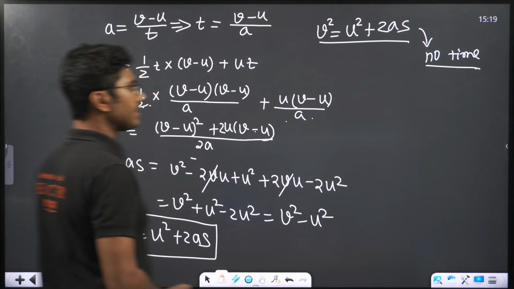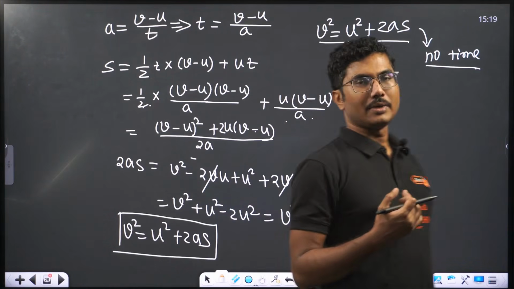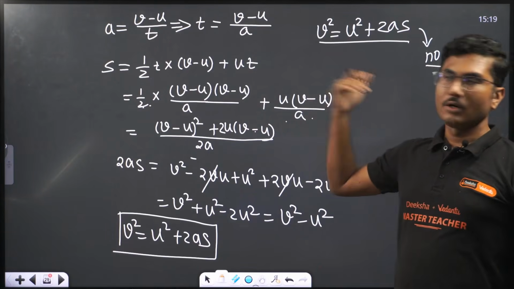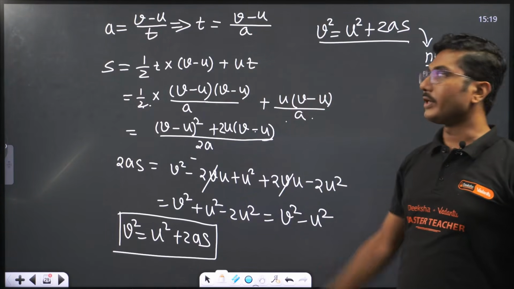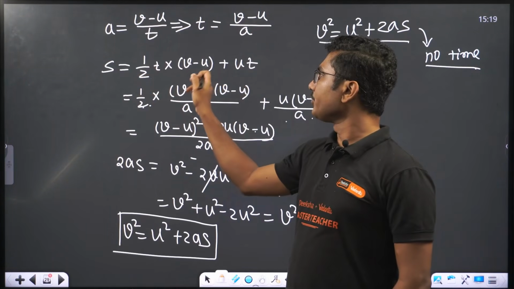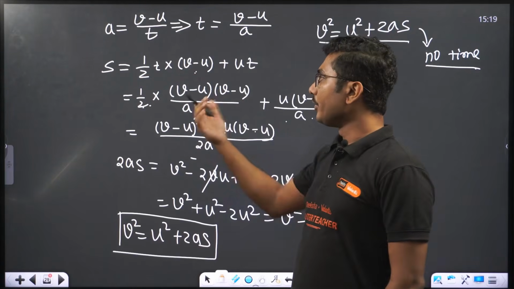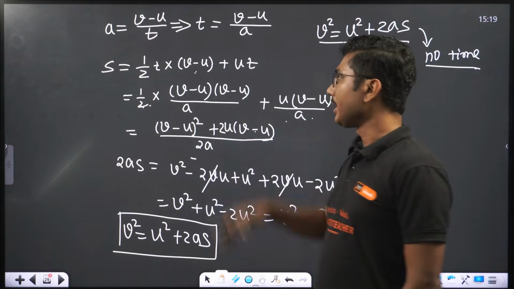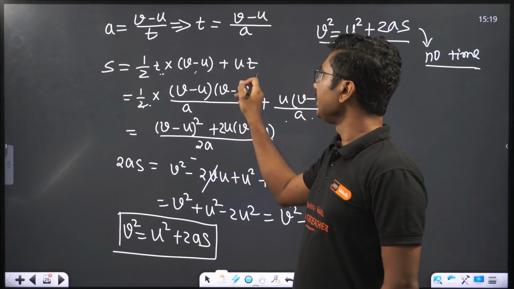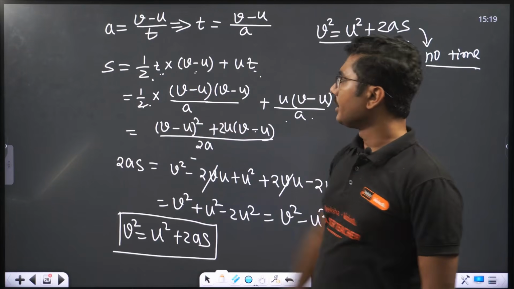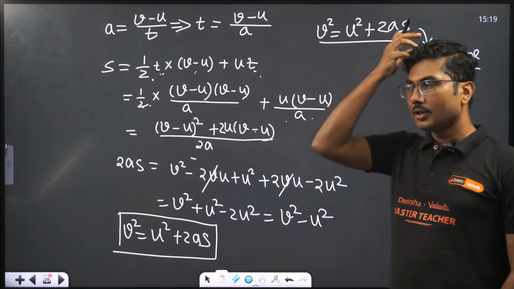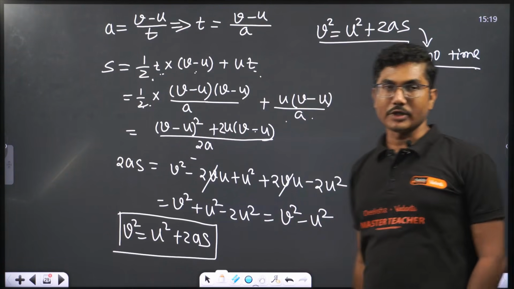So both equations can be derived using the same method, only the substitutions are different. In this equation, if you substitute v minus u, you get s is equal to ut plus half at square. If you substitute t, you get the derivation for v square is equal to u square plus 2as.